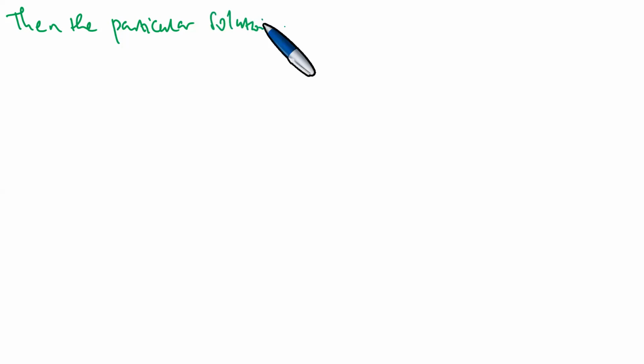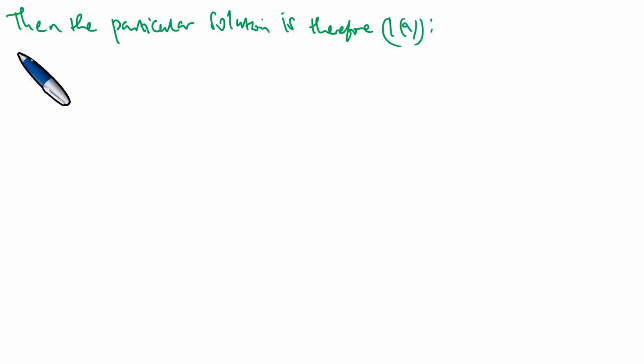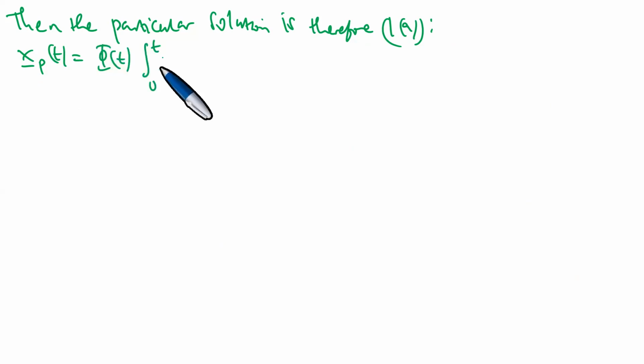Then the particular solution. Particular solution is therefore xp, which is phi of t, which is this phi inverse. Okay. This is the formula for the particular solution that we use.